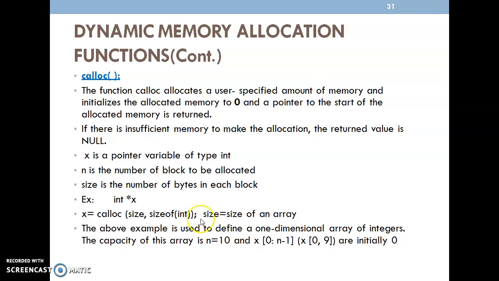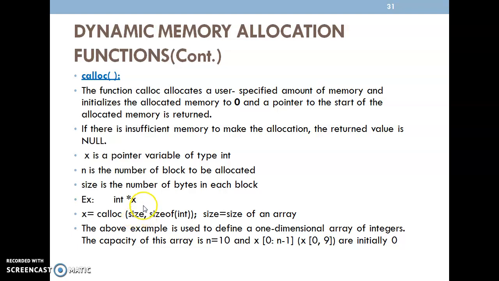Then the syntax will be x equal to calloc(size, sizeof(int)). So size will define the size of an array. If I specify int a of 10, then 10 elements will be allocated here. 10 into sizeof int, which is 2, so a total of 20 will be assigned here. So a total of 20 bytes of memory block will be created.